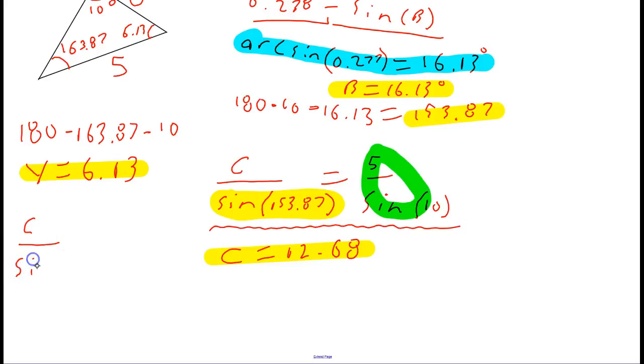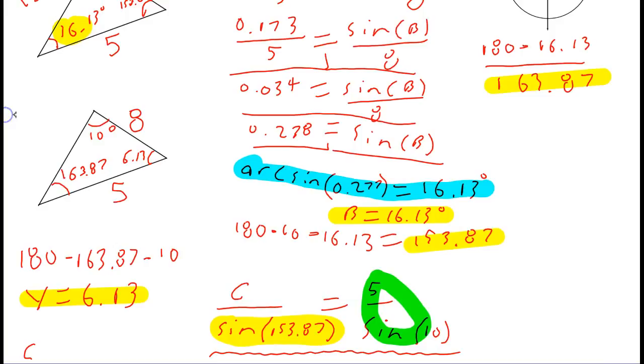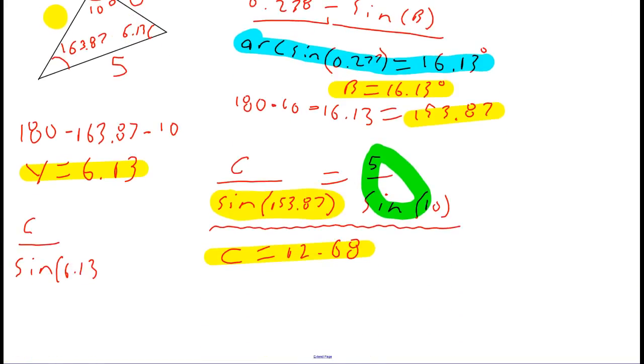C over sine of 6.13, because that is what is across from C. Side C is right here, and that's what's across from it. That equals the ratio from A and alpha, 5 over sine of 10.